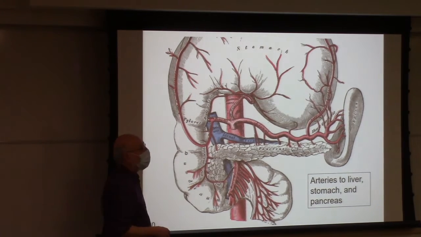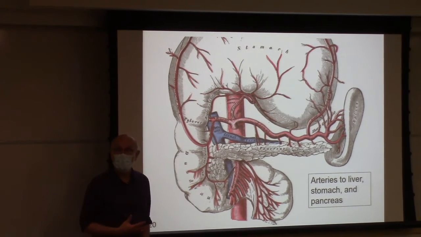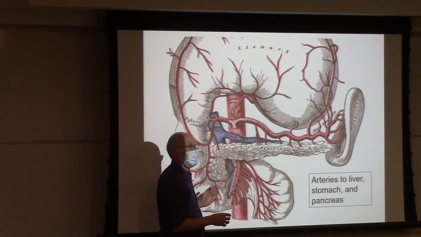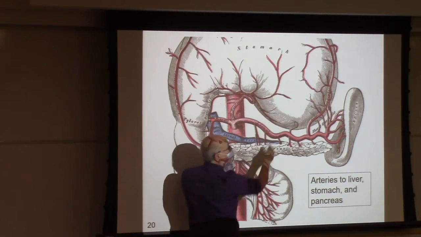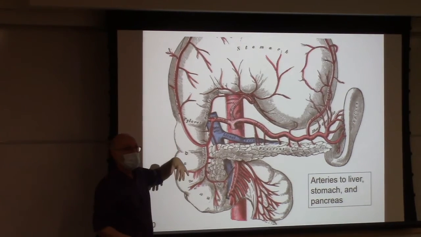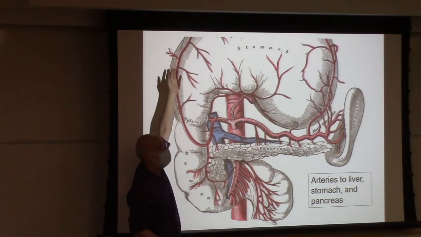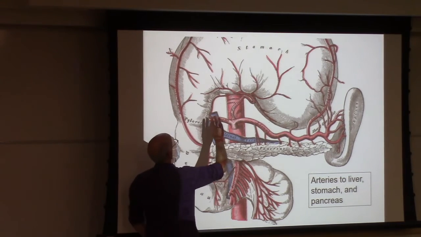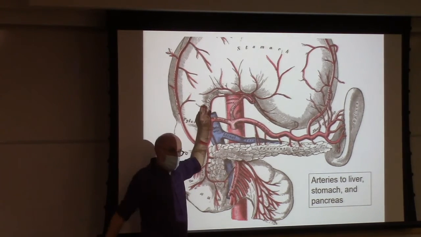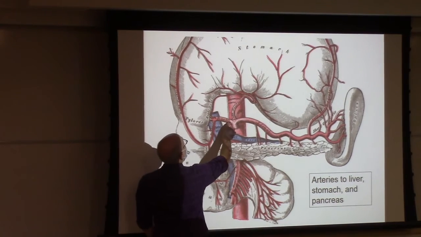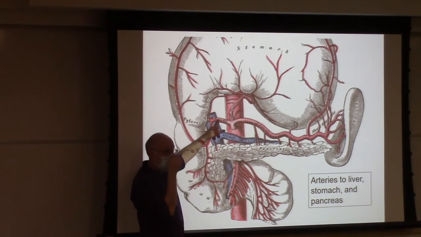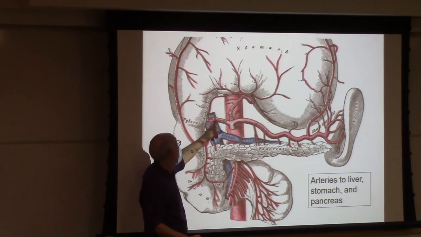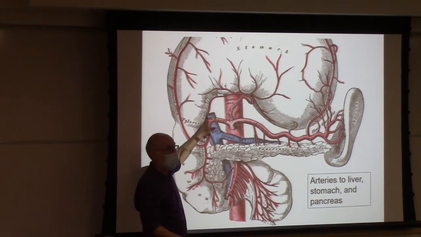So let's talk about how the stomach gets its blood, arterial blood first. We have an artery that serves the lesser curvature. Remember, this is flipped upside down now, so the lesser curvature is here, and the greater curvature is up there. On the right side, so remember this is the person's right side, coming off of the common hepatic artery, we have an artery called the right gastric artery.